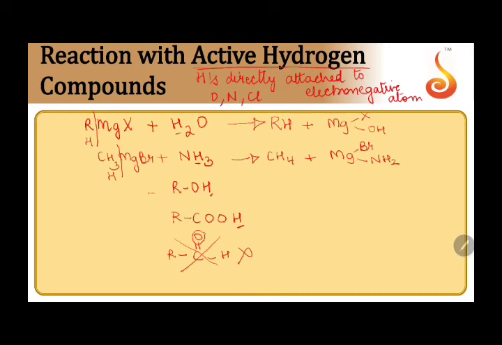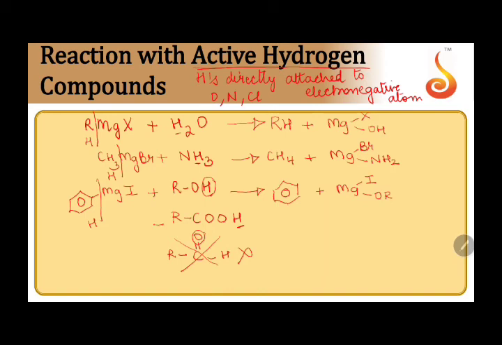Let's try some other thing. Let's try aromatic halide. Aromatic Grignard reagent, like say phenyl magnesium iodide. Again the same thing. This hydrogen is sent here. And what does this become? It becomes benzene plus what's remaining? Mg, which is attached to I, is attached to OR.